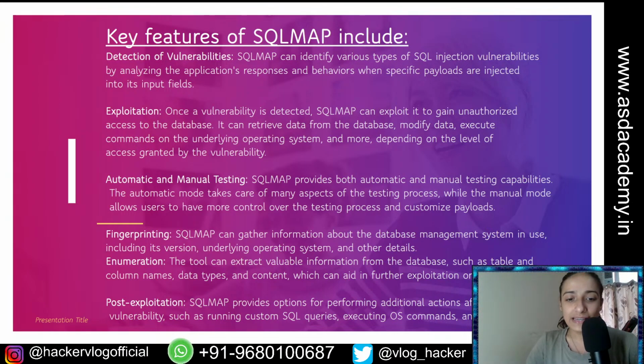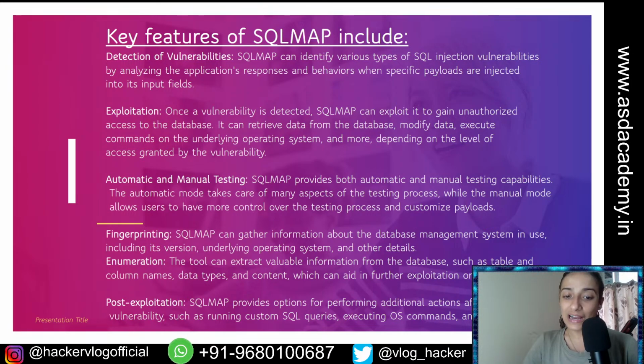All right, so let's come back. Now we have fingerprinting. SQLMAP can gather information about the database management system in use, including its version, obviously the underlying operating system, and other details. If we have this fingerprinting, then next, obviously, we'll have enumeration.